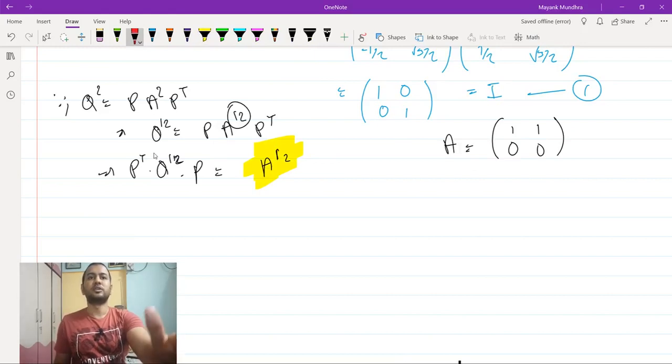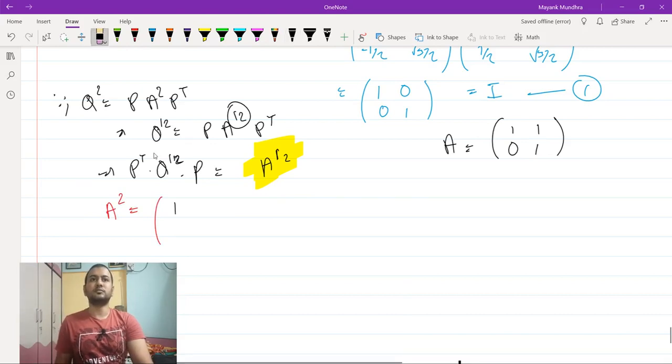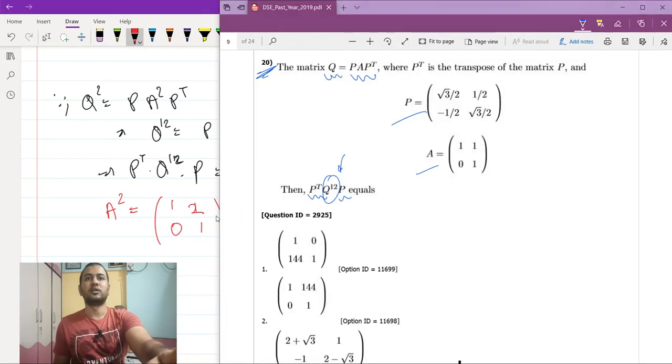So we have to find A to the power 12. When you do simple algebra for A square, you will find that A square would be 1 2 0 1.